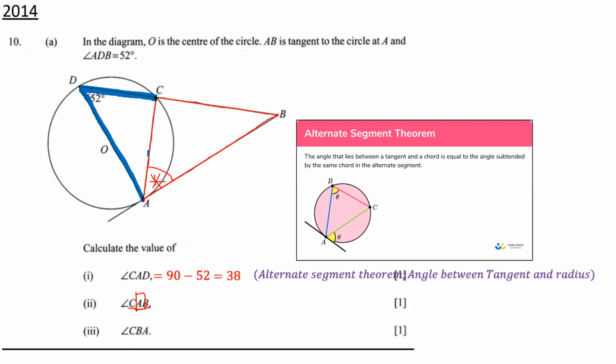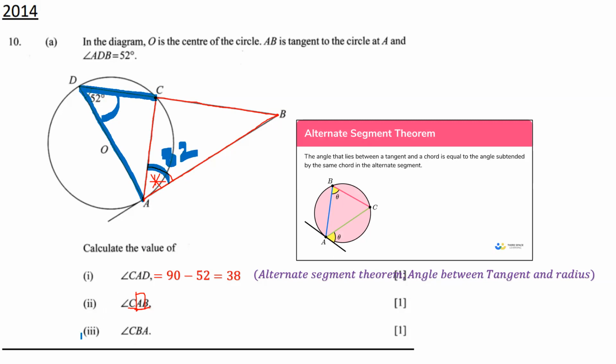It rests on this chord, and that's what we mean by the angle being subtended by the chord: its legs rest on this chord, and the chord acts as the base for the legs of this angle. And so if this is 52, this angle right there must also be 52.